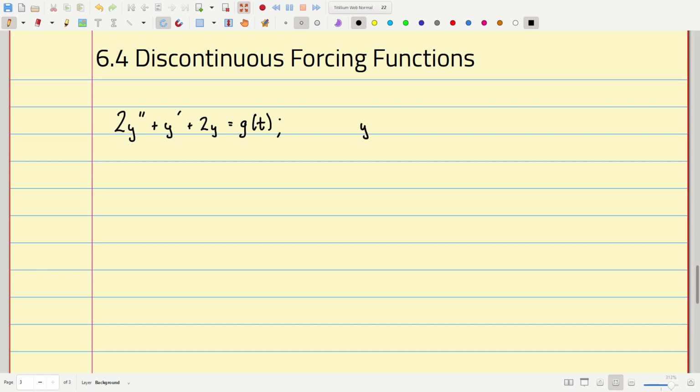We're going to pick some easy initial conditions for this one, but our forcing function is going to feature a discontinuity.